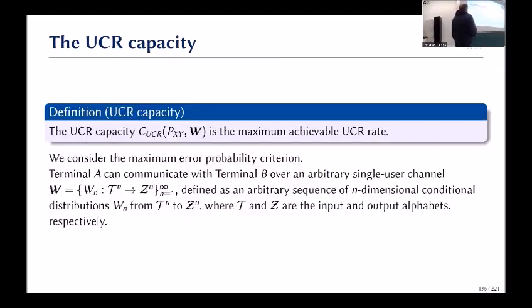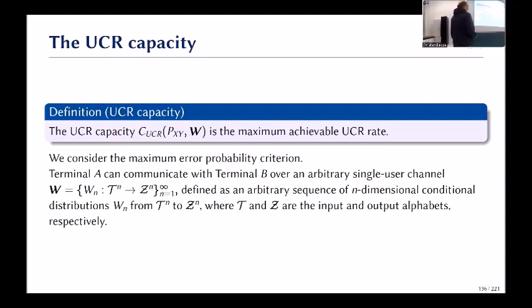We define the UCR capacity, the uniform common randomness capacity, as the maximum achievable uniform common randomness rate. And we consider the maximum error probability criterion.